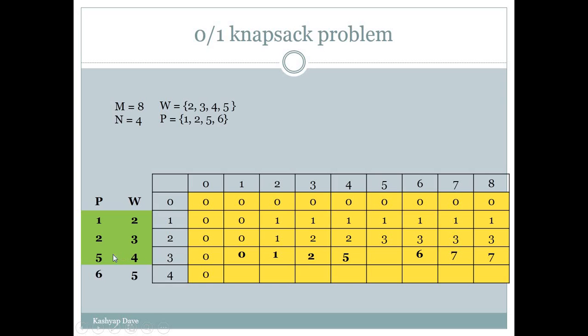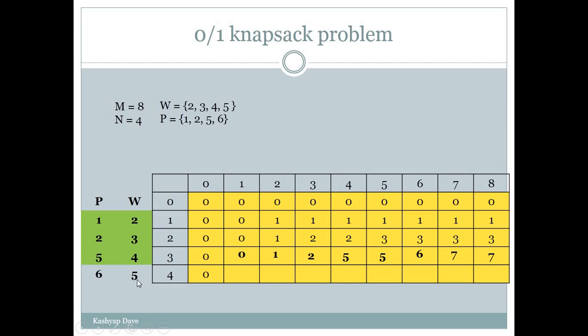So 4 has 5 profit. So here if we include these 2, then we will have profit of 3, and if we include 4, then we will have profit of 5. So in that case we will take profit of 5 here. Okay, so this is the calculation for weight 2, 3 and 4, means item 1, 2 and 3.